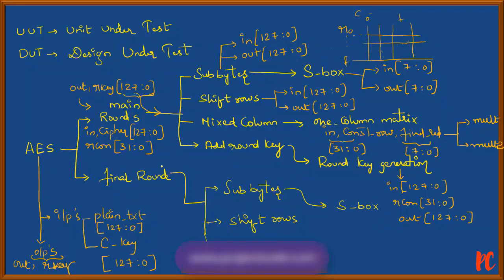Likewise, the same port list is applicable to final round also. So it does have the same port list with respect to SubBytes, with respect to shift rows, and with respect to add round key. We can analyze it better with the help of a test bench. Now how? Let me show you the RTL schematic, how it will be.